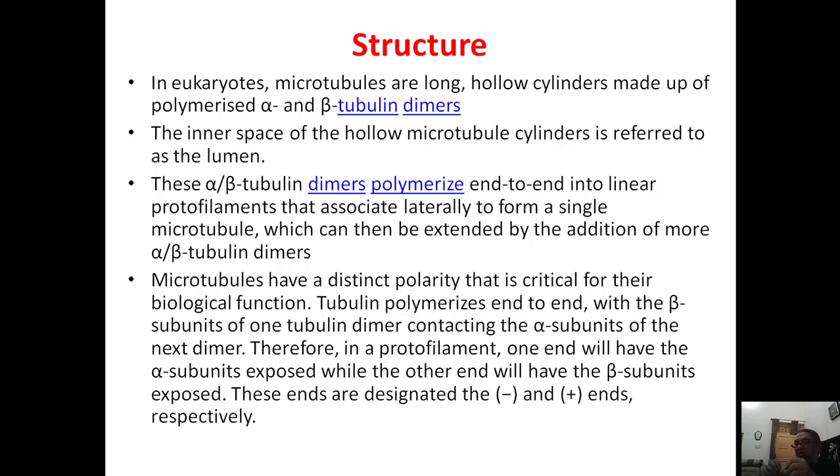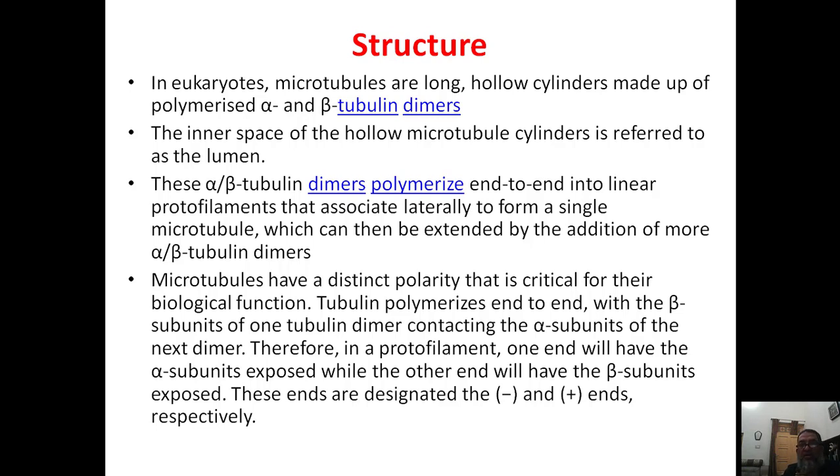So alpha and beta are interlinked and they are joined correspondingly. When alpha, then beta, then alpha, then beta. So this is the sequence. This is the polymerization to form the microtubule.